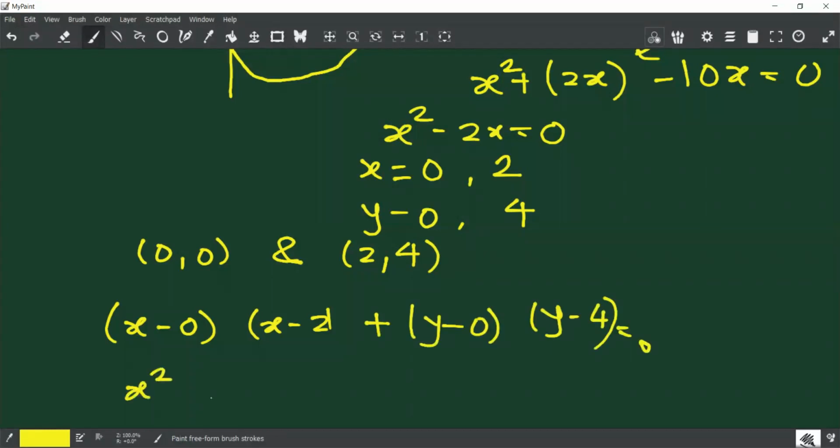So x square minus 2x plus y square minus 4y is equal to 0. Got it? Yes, 100%.